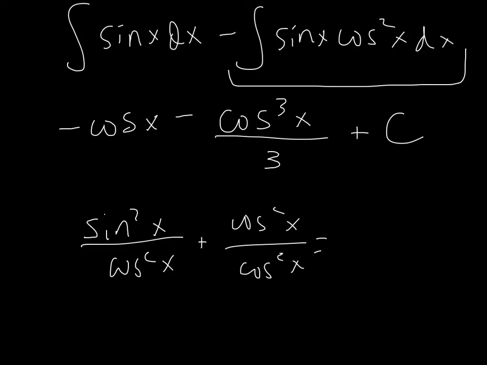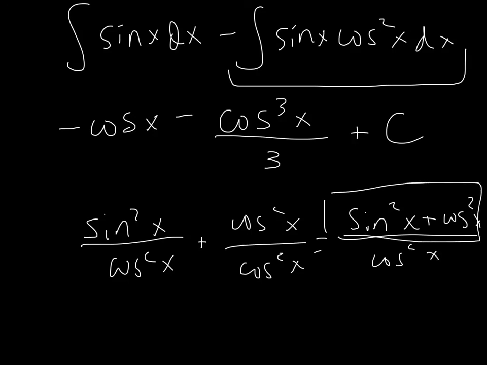And when I add those together, I get sine squared plus cosine squared all over cosine squared. This is 1. 1 over cosine squared is secant squared, so that's true. So tangent squared x plus 1 equals secant squared x.